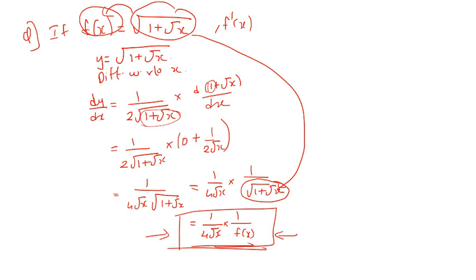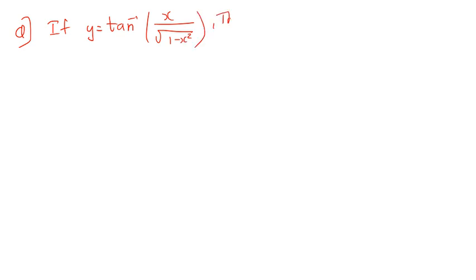You can take one more question. Let me solve one more question. If y is equal to tan inverse of x by root of 1 minus x square, then find dy by dx. It's easy.